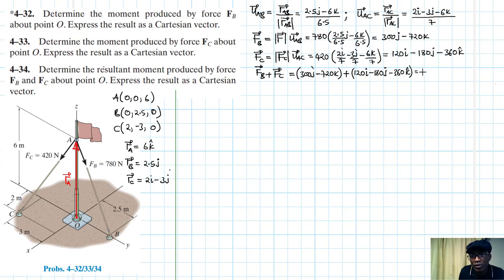Okay, so for the I, we have 120I. And then for the J, 300 minus 180, we'll have plus 120J. And then minus 720, both minuses, so minus 1080K.